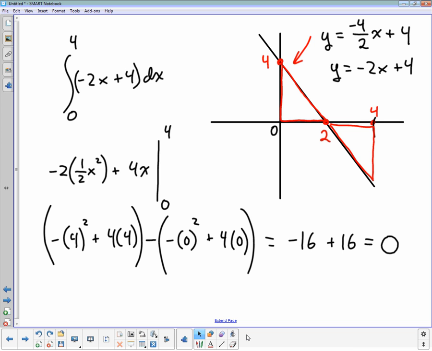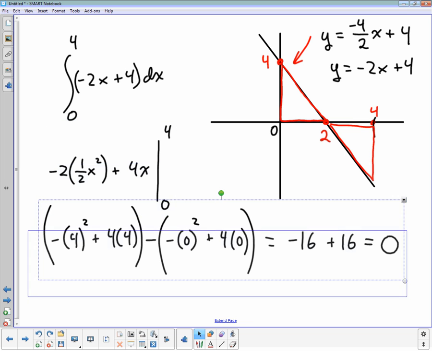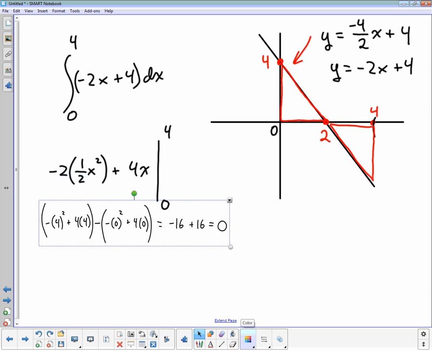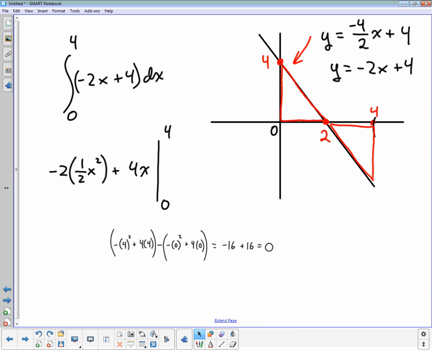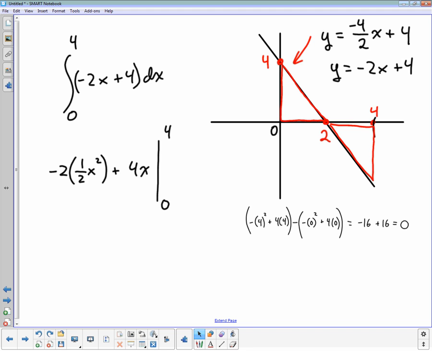So let's look at this for a minute and say to ourselves, what's happening? Let's change this just ever so slightly, and just do it from 0 to 2, and see what happens.